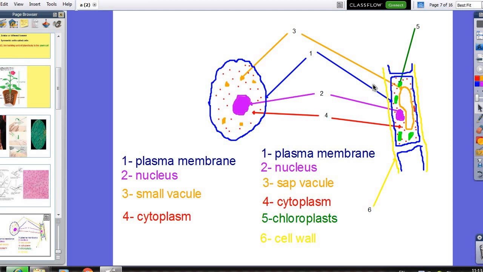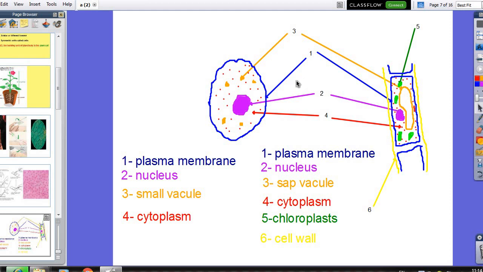The plasma membrane is the outer line or outer membrane which covers the animal cell and plant cell. Later I will talk about the outer wall in the plant cell, but you must know that the plasma membrane occurs in the plant cell and animal cell from the outside.